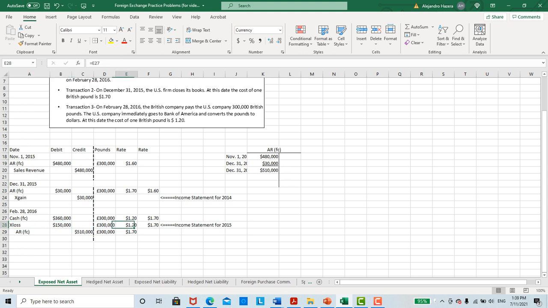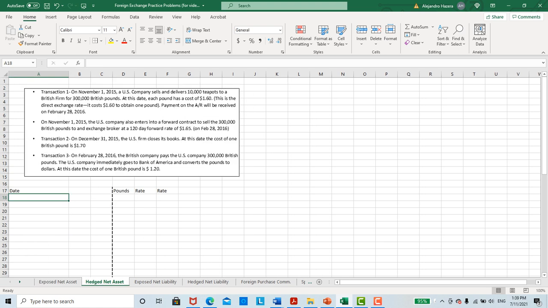However, that's 50 cents less than the last adjusted value of $1.70. So you end up with a rather large loss there of 50 cents per pound. And then this is just a write-off of the receivable, the last balance, which is also equal to 300,000 times $1.70. Take your choice on how to calculate that 510. Just add up the two adjustments, or take 300,000 times $1.70.